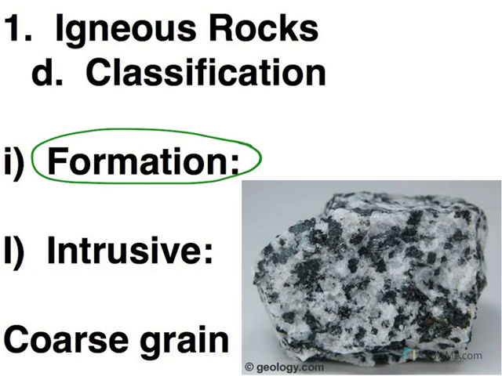So as we saw, when you have an intrusive igneous rock, the grains are going to be coarse, and we saw that that was due to the fact that these cooled slowly. Since they formed intrusively, that is under Earth's surface, it took longer to cool and solidify.